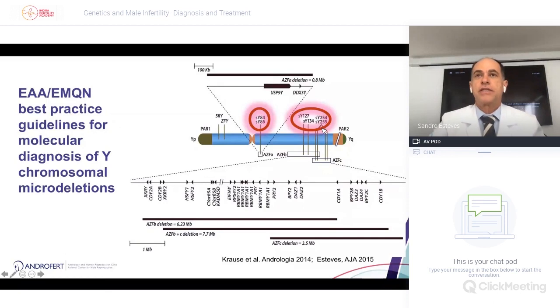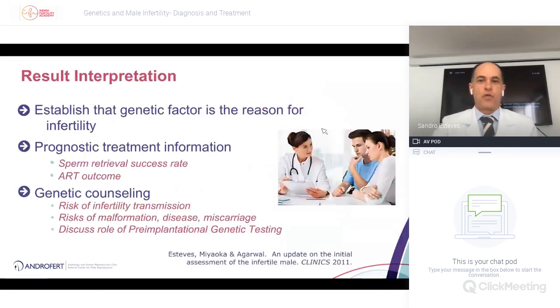If not, you need to discuss with the laboratory providing you the genetic analysis for Y chromosome microdeletion to include these primers, because they will map better the important genes for spermatogenesis, which are located in the long arm of the Y chromosome, specifically in these 3 regions, AZFA, B, and C.